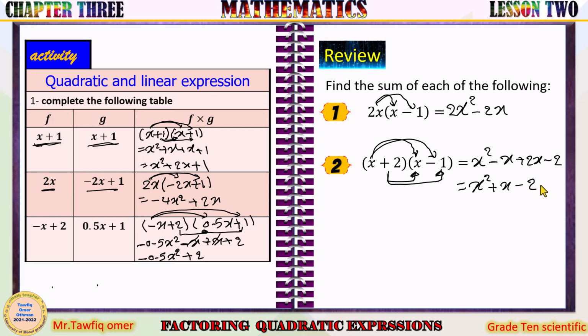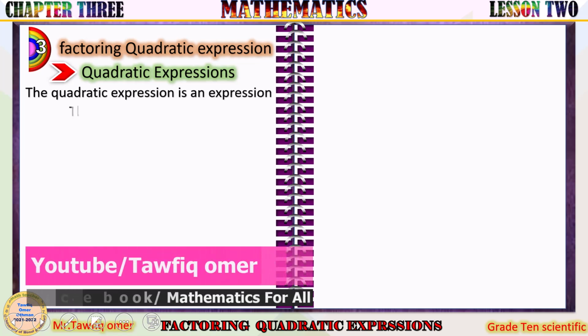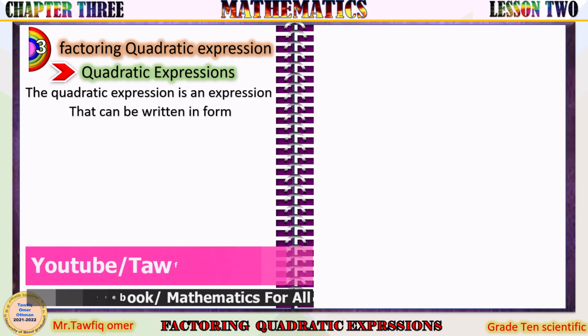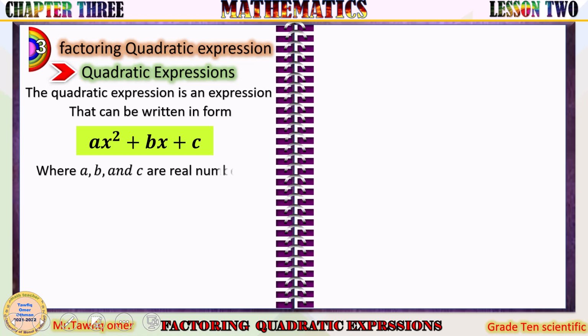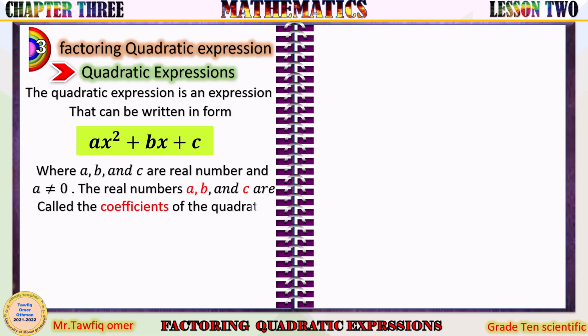We are learning here that if we multiply two linear expressions, we will get a quadratic expression, and if we have a product, we will get the sum of them. The quadratic expression is an expression that can be written in the form ax squared plus bx plus c, where a, b, and c are real numbers and a is not equal to 0.